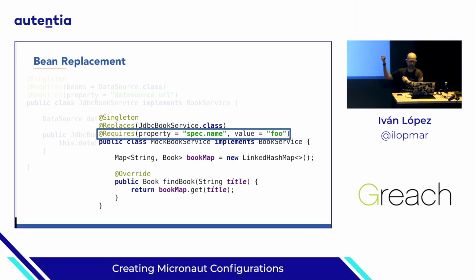So we define this spec name, we put a name there, and then when we initialize the context for that specific test, we use the same name, in this case foo, and that bean will only be created for that test. Then on the next test, we may need to create another bean, the same type but with different behavior, so we can replace it, or we can have only that bean created for any of those tests.